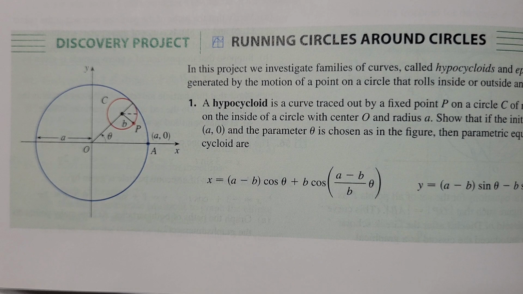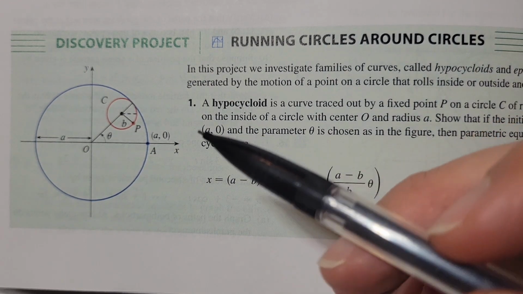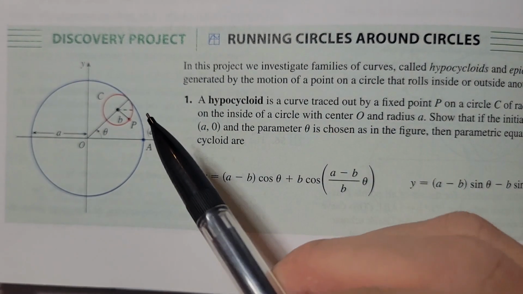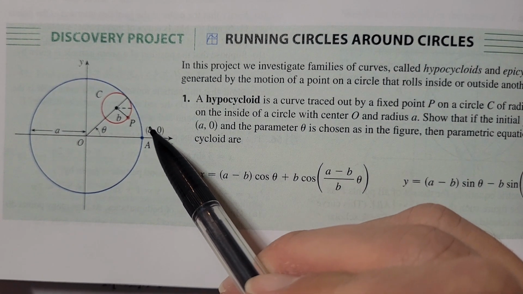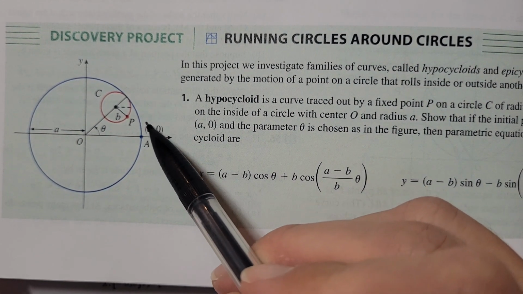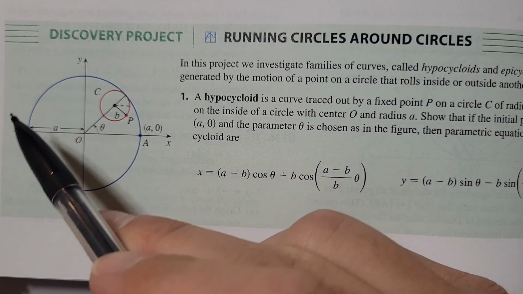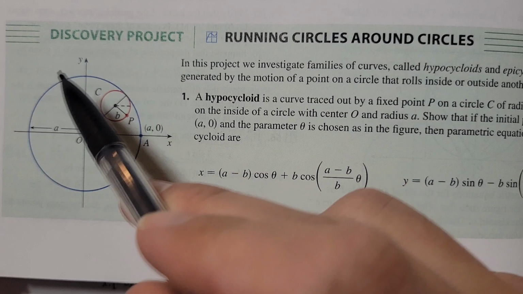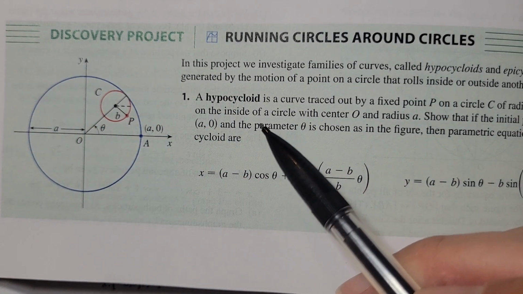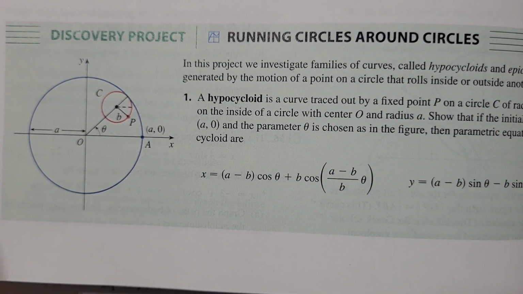An epicycloid is another kind of curve, but that's where you have the circle on the outside of the bigger circle. Okay, and it's rolling along here and tracing out the curve, as you're following a point P, creating an epicycloid. Okay, so that's kind of where that curve is coming from there.